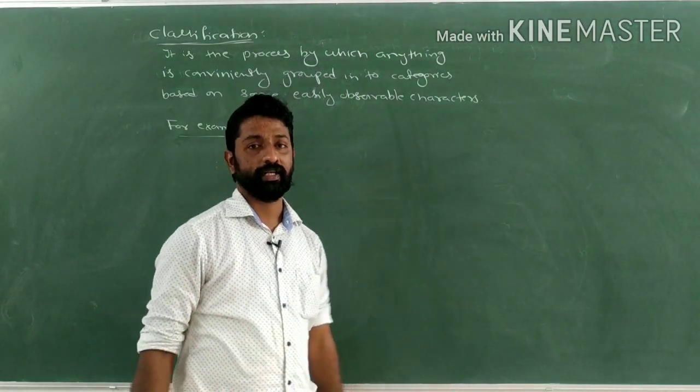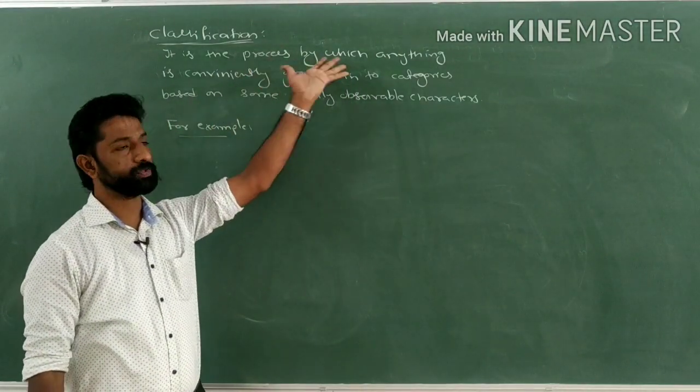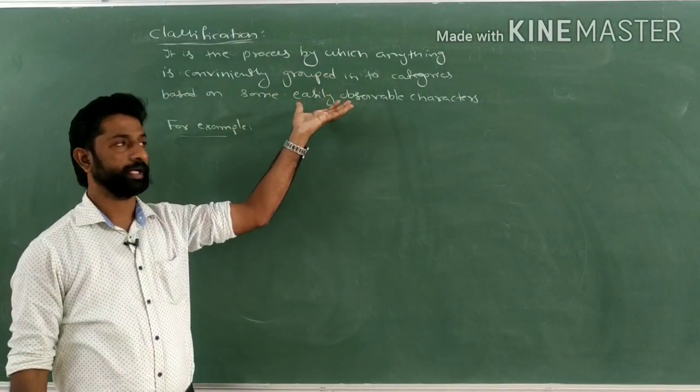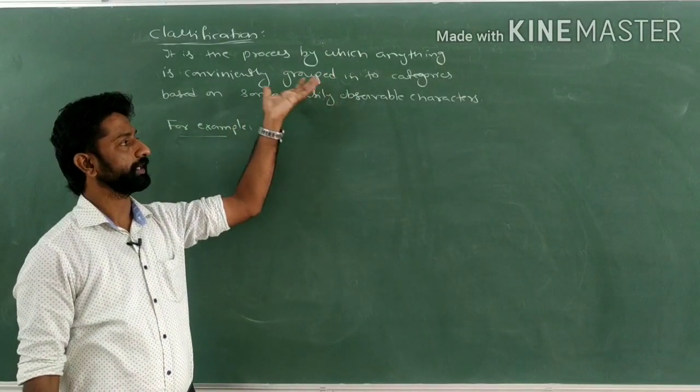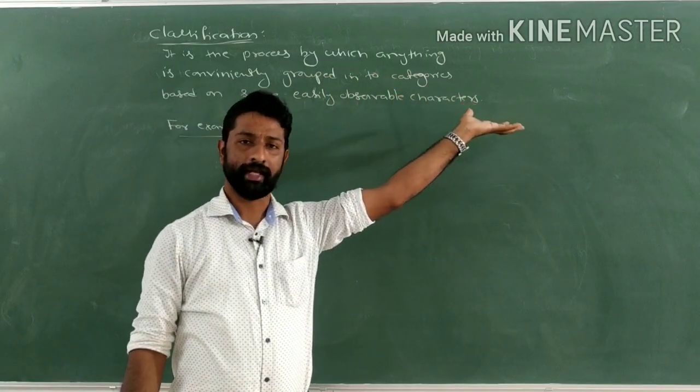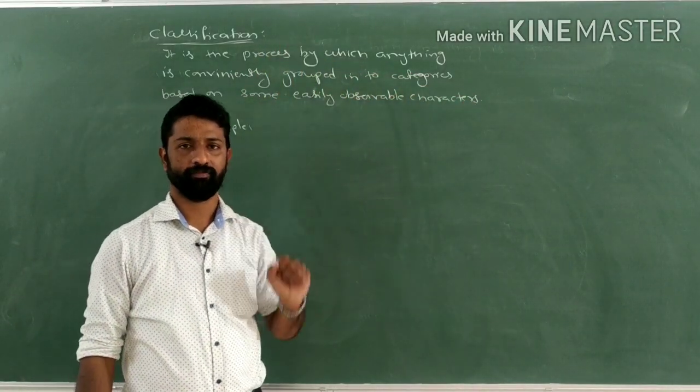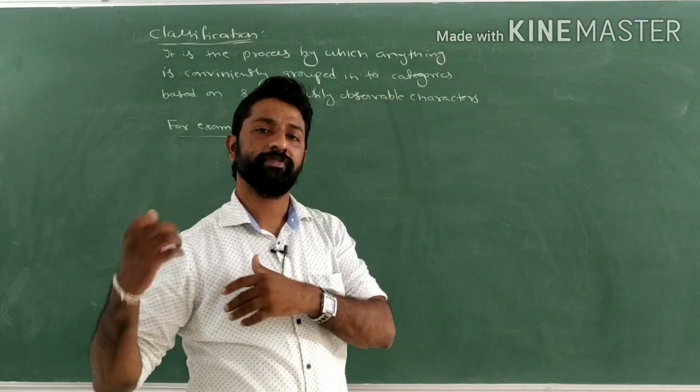So what is classification then? It is the process by which anything is conveniently grouped into categories. Such a process is called classification. On what basis is this classification carried out?